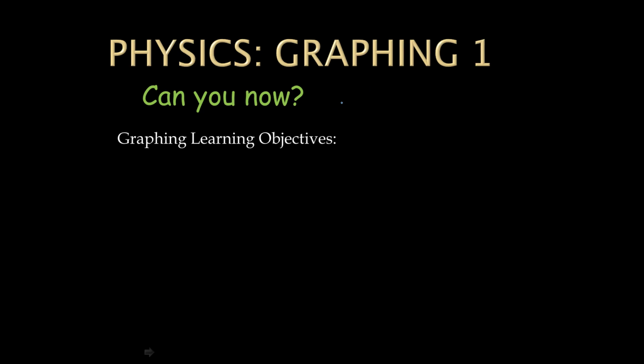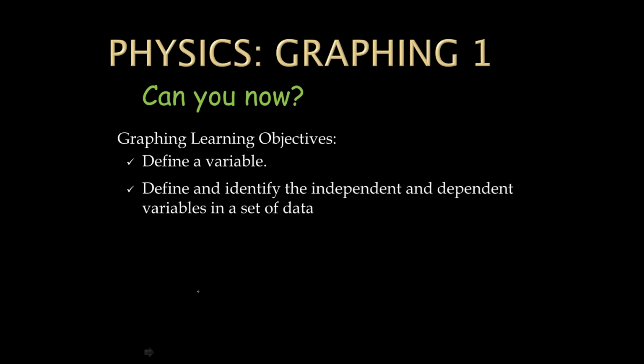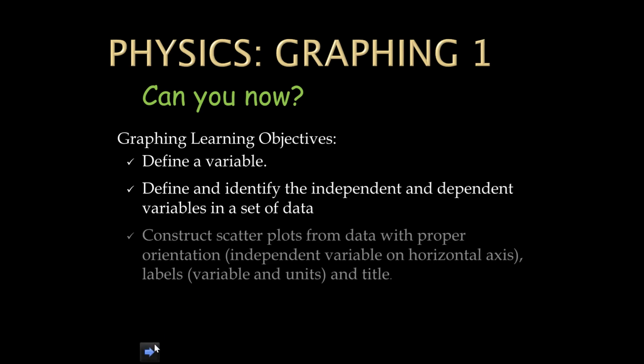So in our physics graphing part 1, can you now define a variable? Can you define and identify the independent and dependent variables in a set of data? And can you construct a scatter plot from data with proper orientation? Now we know it has independent variable on the horizontal axis, dependent variable on the vertical axis, labels for both the variable and the units, and a properly constructed title.